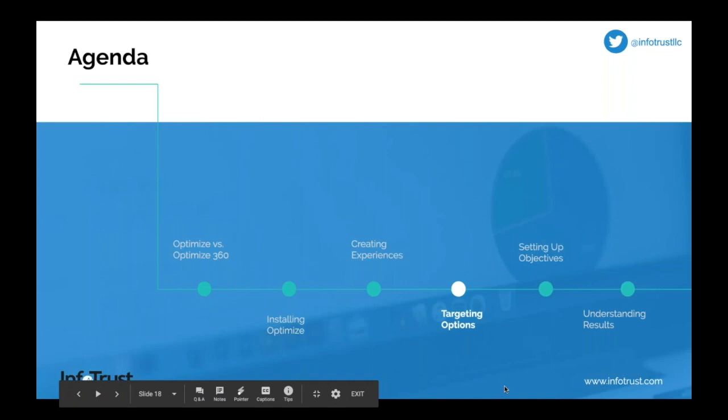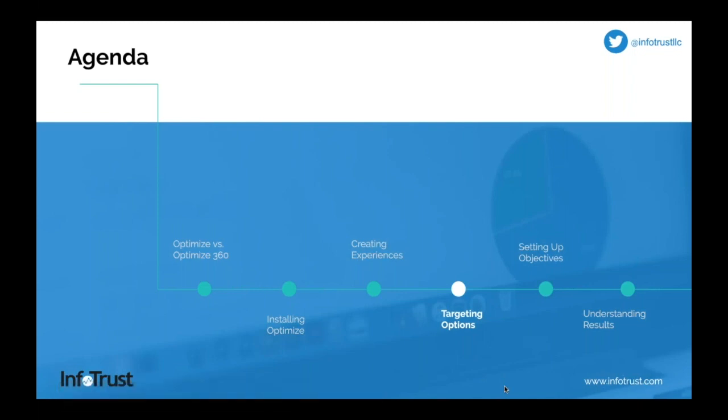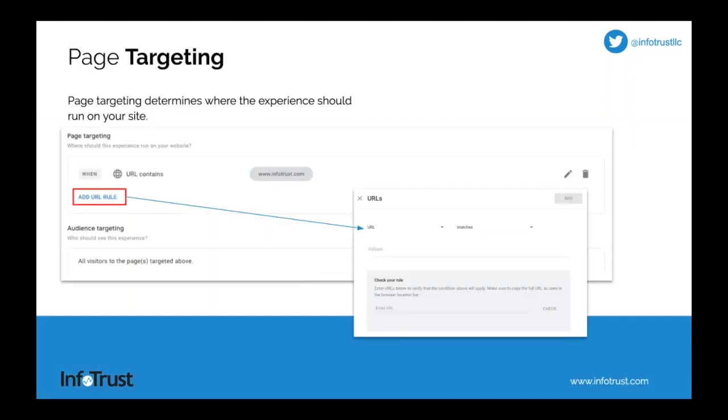So now that we've discussed simply creating the experiences in Google Optimize, we'll talk about some of the targeting options that are available. When you create your experience, you have the option to create both page-based targeting and audience-based targeting. The page targeting determines where the experience should run on your site.